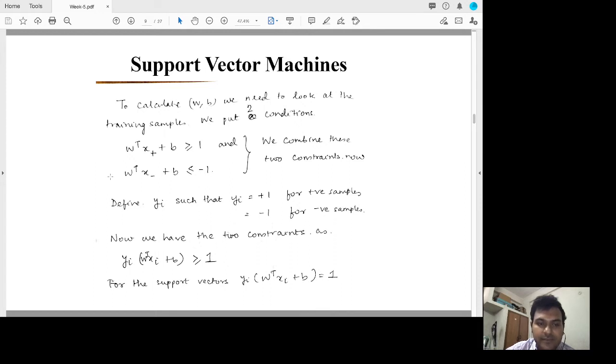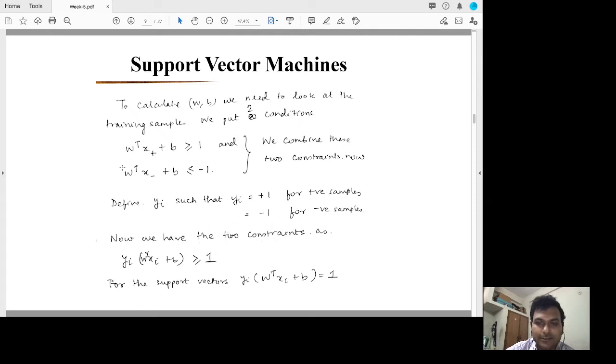The left side becomes yi into w transpose x plus b. How does the right hand side of the inequality change? It will become positive, and the inequality will change to greater than. Yeah, so basically if you multiply yi with both of these equations, you are getting the same inequality.